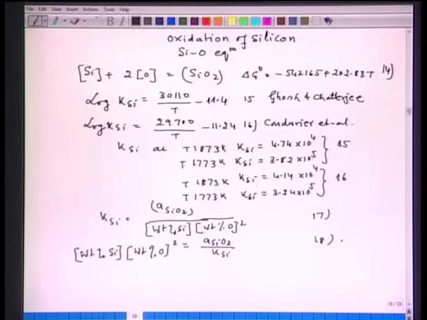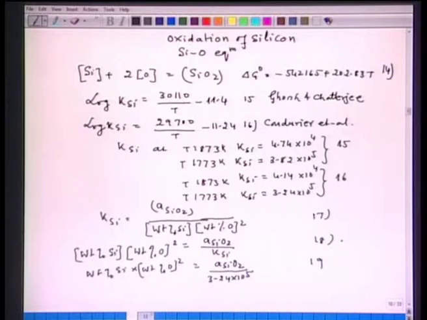So, if I put the value of K silicon at 1773, then weight percent silicon into weight percent oxygen squared is equal to activity of SiO2 upon 3.24 into 10 to the power 5, and let us take this as equation 19.